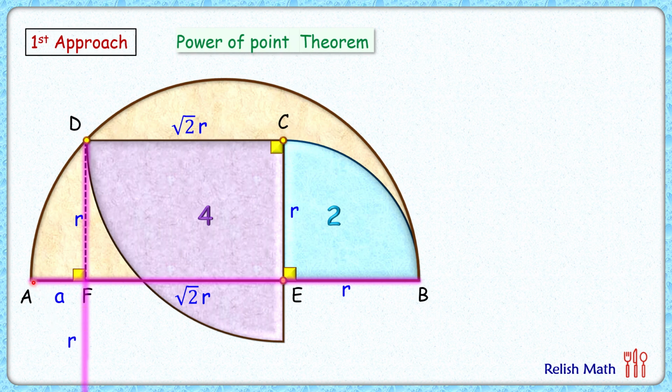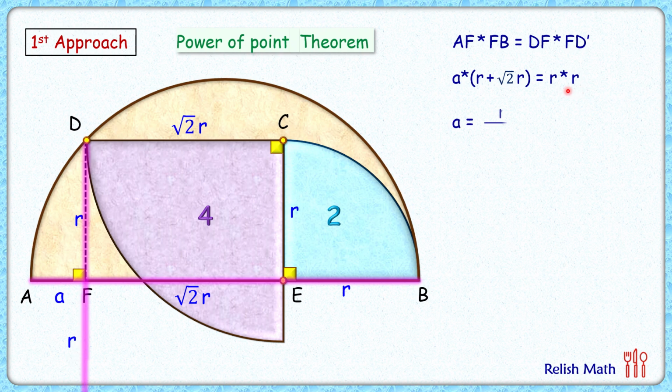So we have AF times FB is DF times FD dash. AF is a centimeter, FB is r plus root 2 r, and DF and FD dash are both r centimeter each.